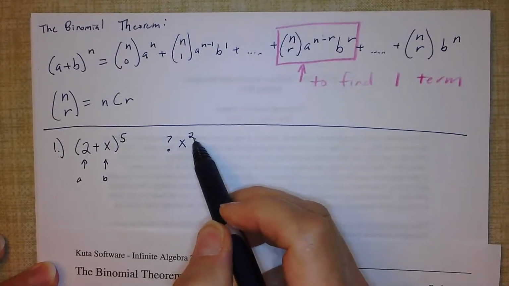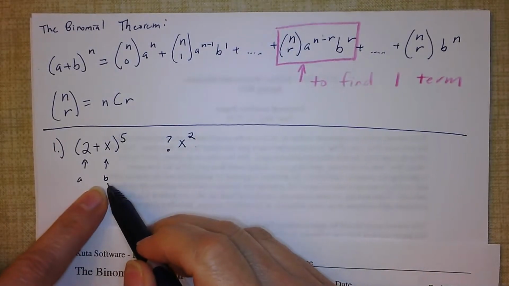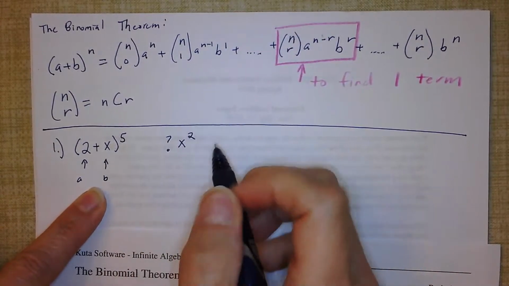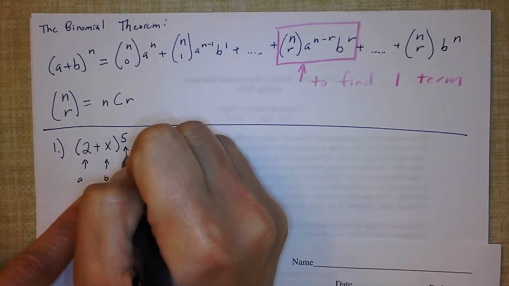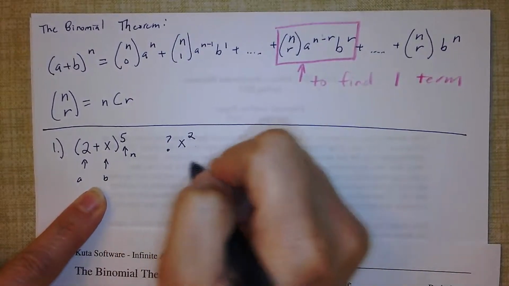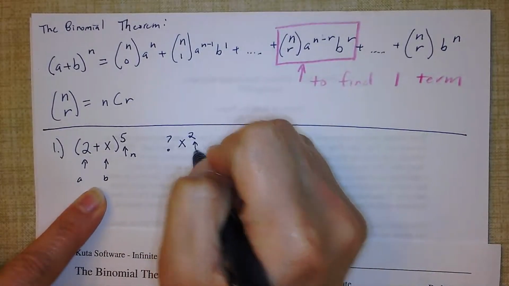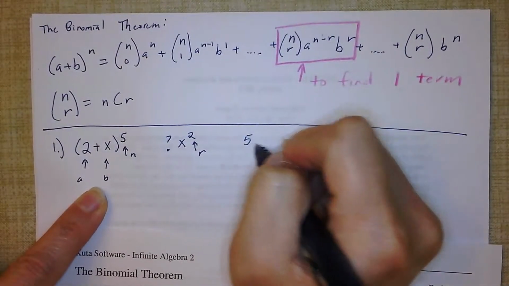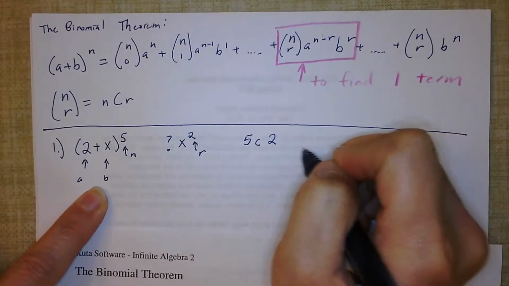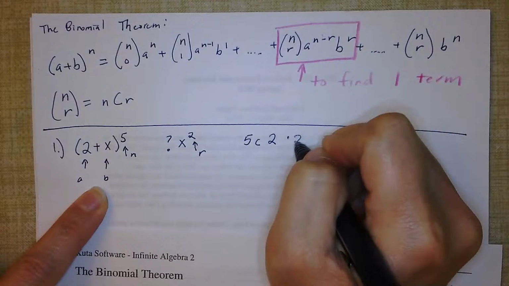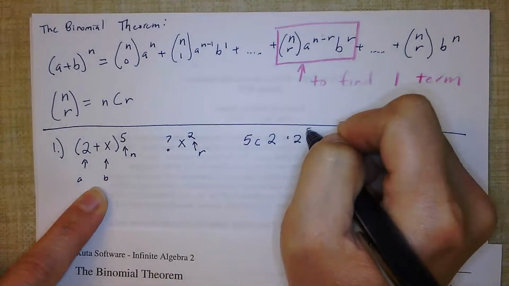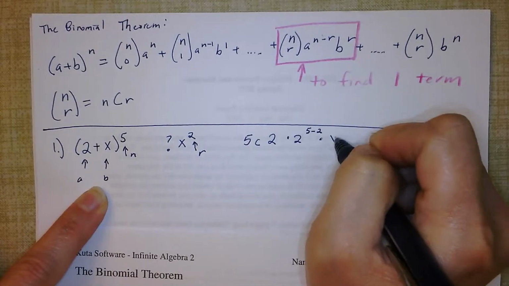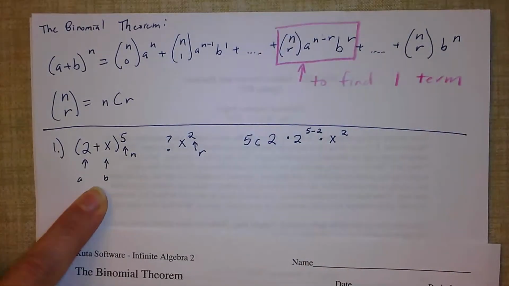If I'm looking for x squared, that means I'm looking for this b value squared. That tells me n is 5 because it's to the fifth power, and 2 is going to be my r. So I can set up 5 choose 2, times a, which is 2, to the n minus r, times b, which is x, to the r.